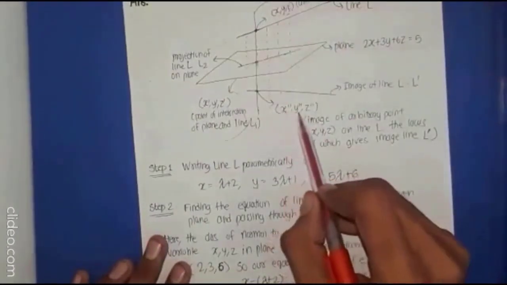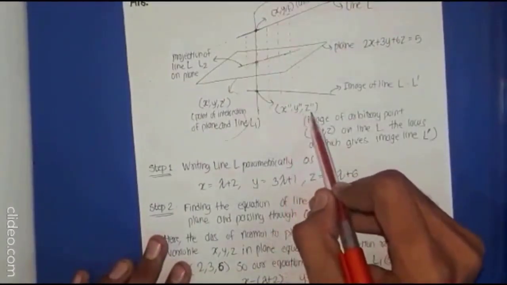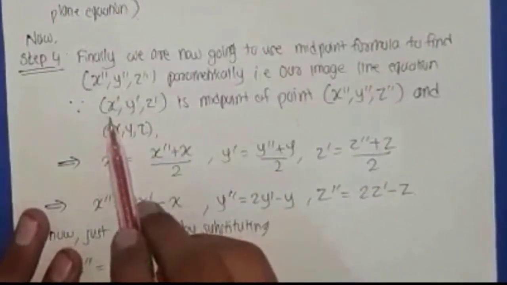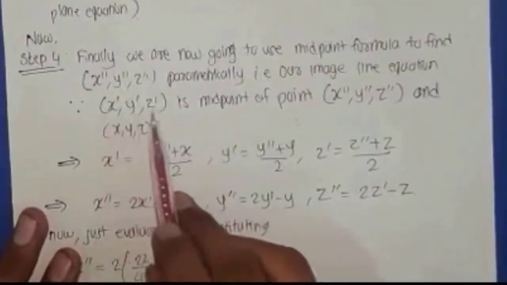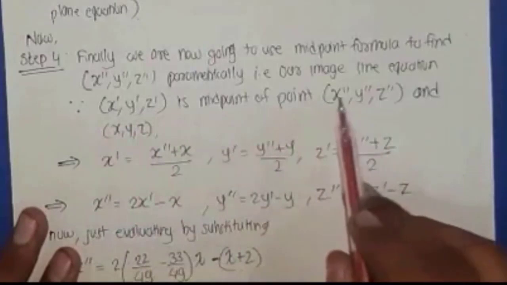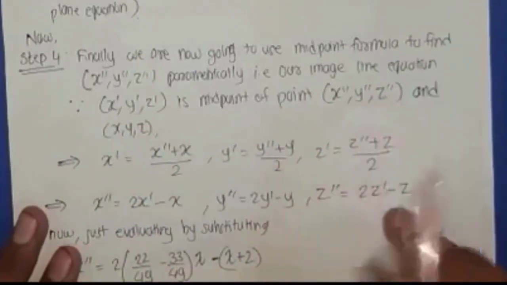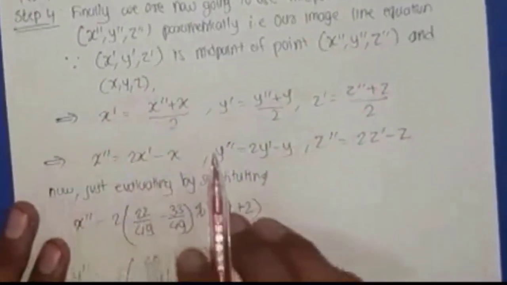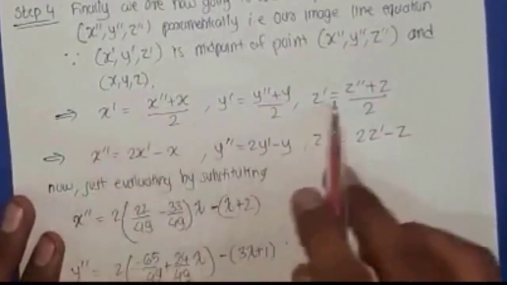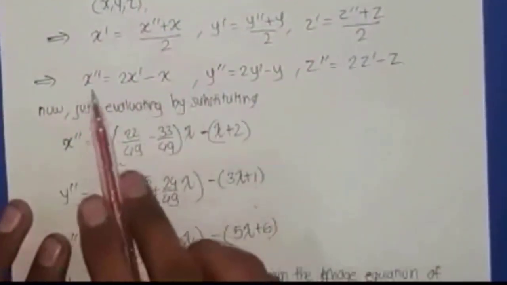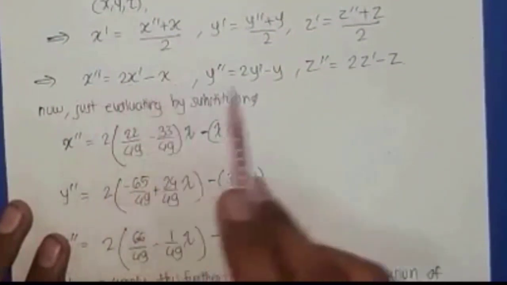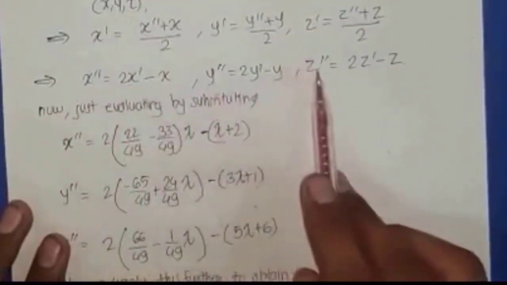Simply using the midpoint formula, here x dash, y dash, z dash is the midpoint of x double dash, y double dash, z double dash, and x comma y comma z. So just by using the midpoint theorem, we can get x double dash as 2x dash minus x, and eventually y double dash and z double dash.